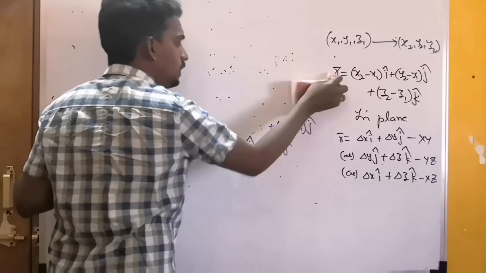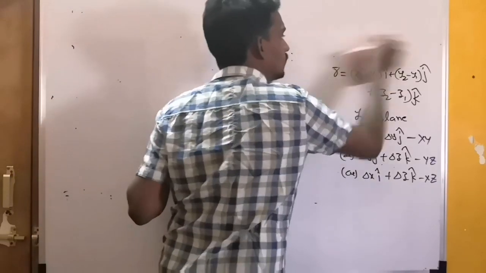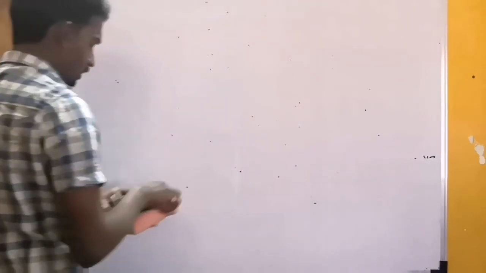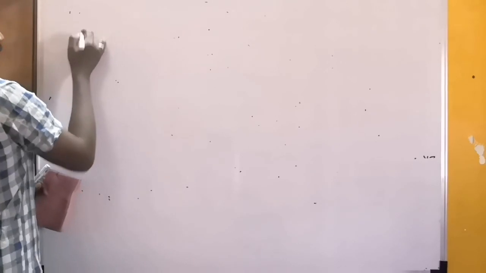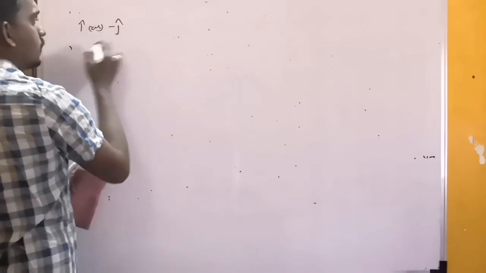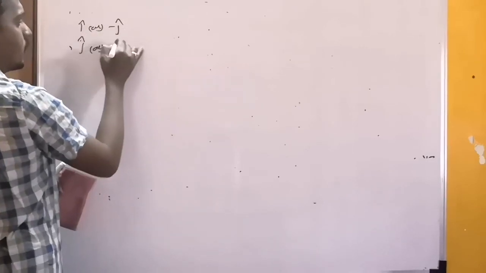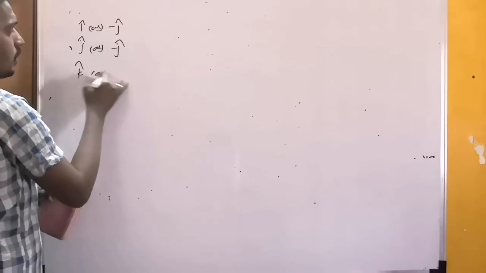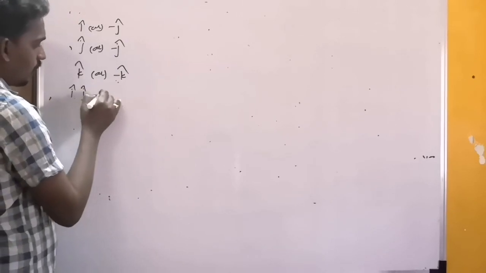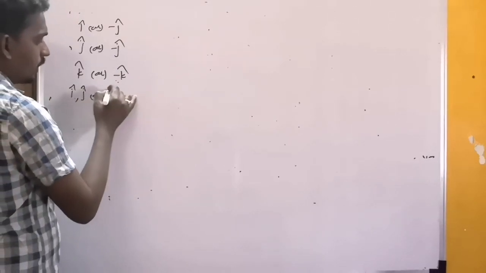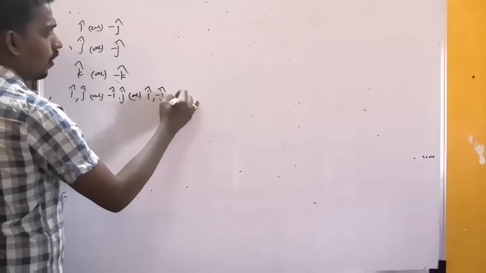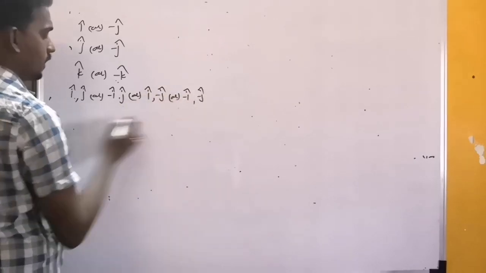Vector combination can be like i cap or minus i cap. Similarly, j cap or minus j cap, k cap or minus k cap, or ij or minus ij or i minus j or minus i minus j.